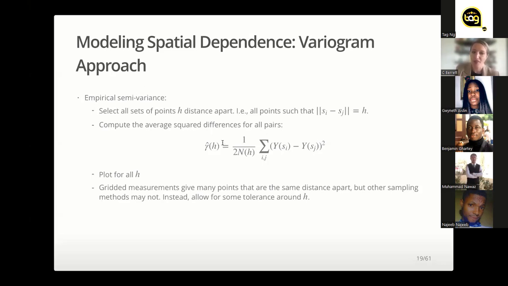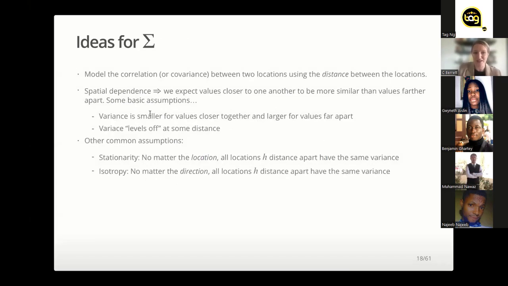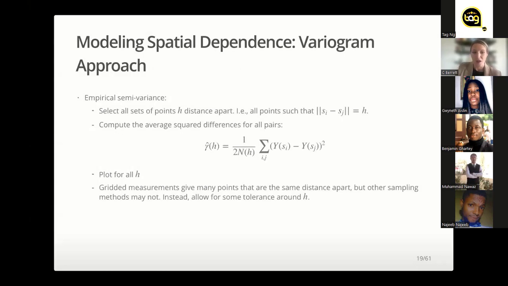So it's actually called the semivariance because we divide by 2, and that just has been shown to be more stable when we're estimating the variogram function. And then we're going to plot them, and then we can see if these assumptions that I talked about on the last slide hold: this variance leveling off, variance is smaller for values closer together, stationarity, isotropy. We'll plot them and we'll see if that holds.